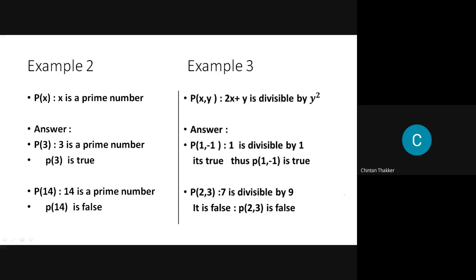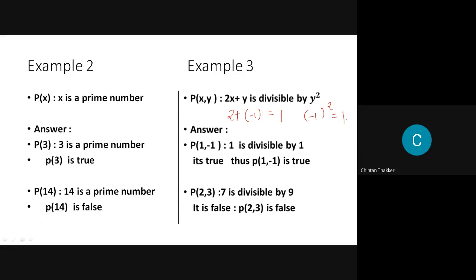In our third example, we have a two-variable predicate: 2x plus y is divisible by y squared. If we take the pair 1 and minus 1, putting x equal to 1 and y equal to minus 1, we have 2 ones are 2, plus minus 1, so it is 1, and minus 1 squared is also 1.